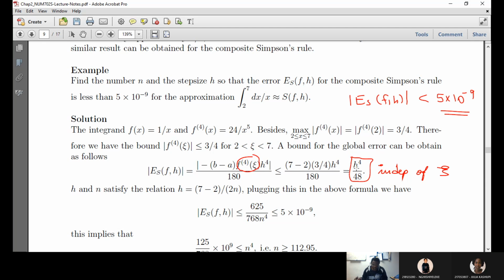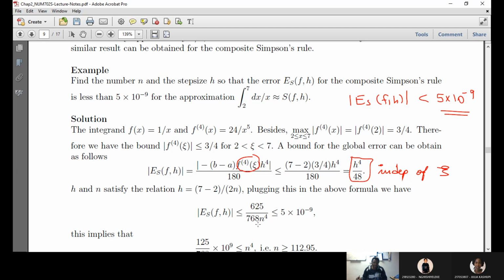Now, if I use this upper bound, I can write h in terms of n. Remember that with the Simpson rule, we have 2n as the number of subintervals. So h is given by this, then I raise it to the power of 4 and plug it back.